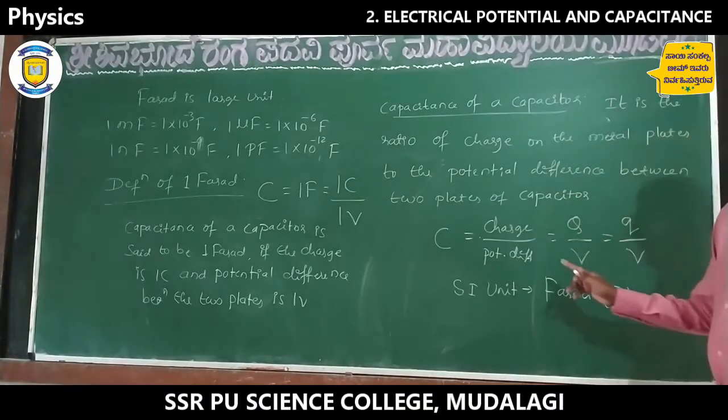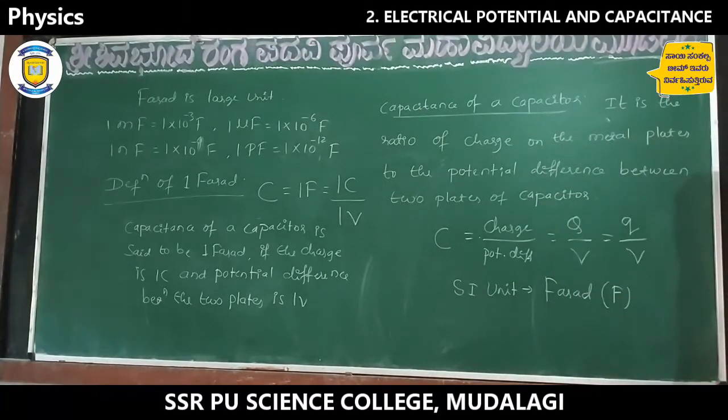So if the capacitance of a capacitor is 1 farad, it is 1 coulomb of charge for 1 volt of potential. Just look once again at the capacitance of a capacitor and some of the units, and also when the capacitance of the capacitor is 1 farad.